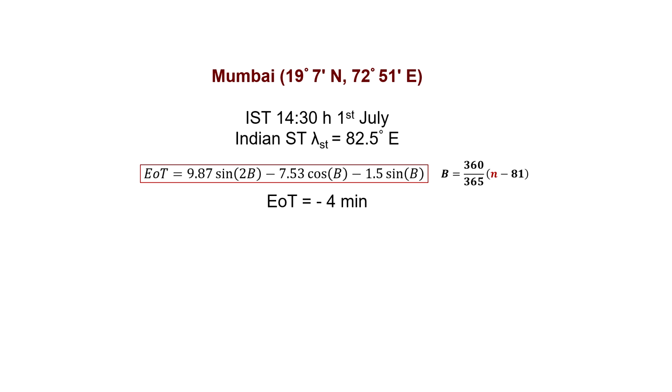For Mumbai, let us say this is your latitude and longitude. So, this will be your longitude lambda and this will be phi.